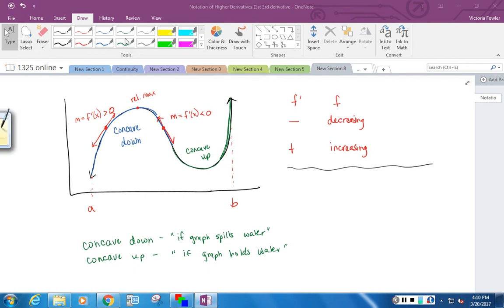And let's think about drawing some tangent lines on this curve. So if I draw a tangent line here, or I draw one here, what's happening to the slope? So we're getting a steeper and steeper slope as I am increasing, right? So my slope is increasing, which means my first derivative is increasing.